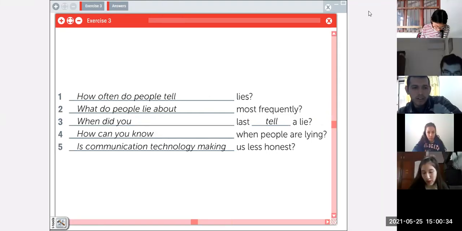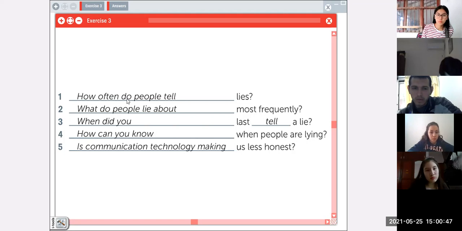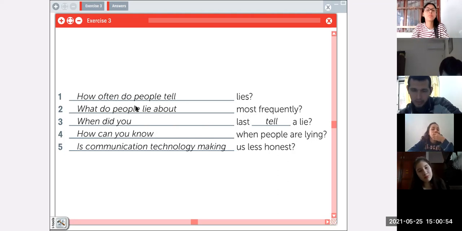A structure, teacher. We are using the first structure, right? Here we have the question words: how, what, when. Then we have the auxiliary verb: do, did, and can. Then we have the subject: people, you, and you.